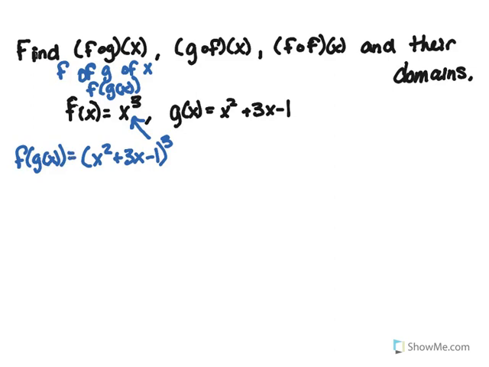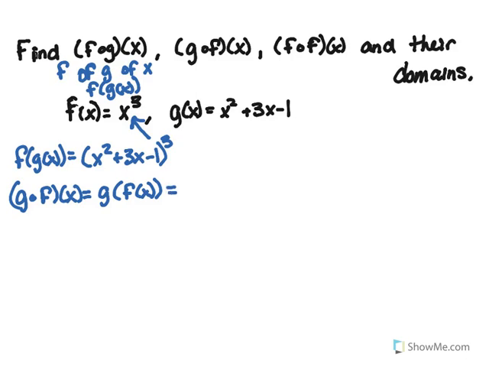Now we have g of f of x. So g of f of x, this is also written as g of f of x. So we want to write the function g of x, but wherever there's an x, we want to write the function f of x.